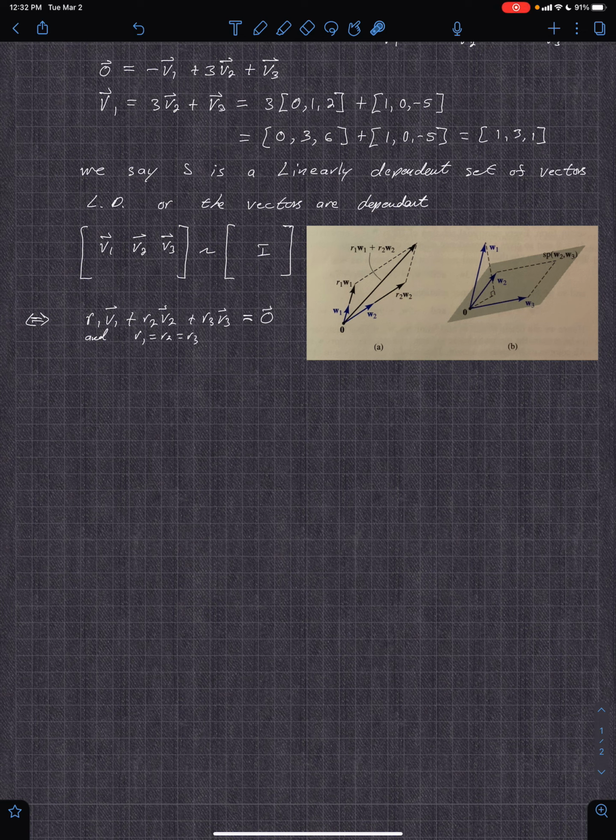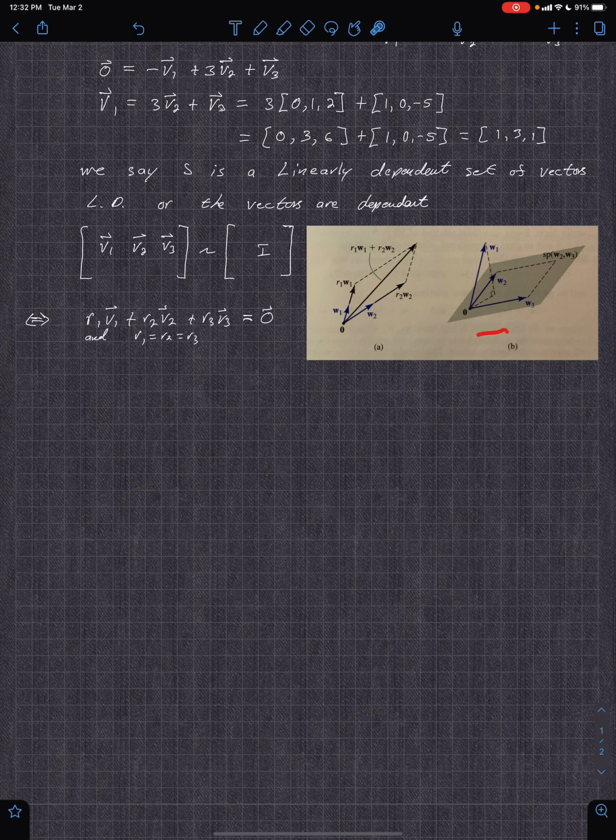So linearly dependent vectors would be this case here, where W1 and W2 are in the plane, and then this vector is still in the plane because it's a linear combination of the other two.